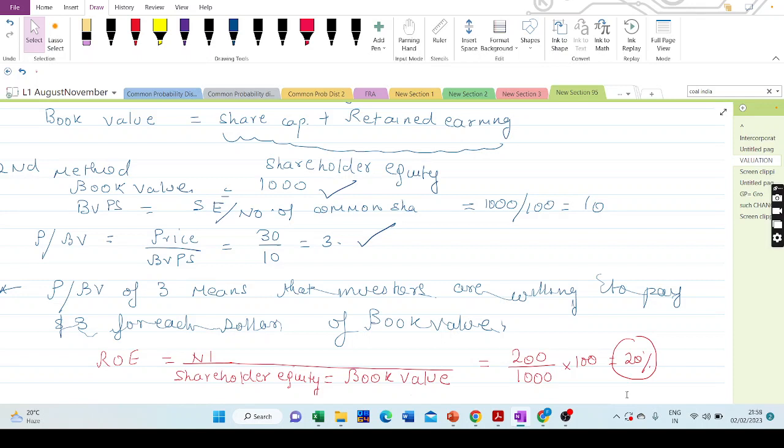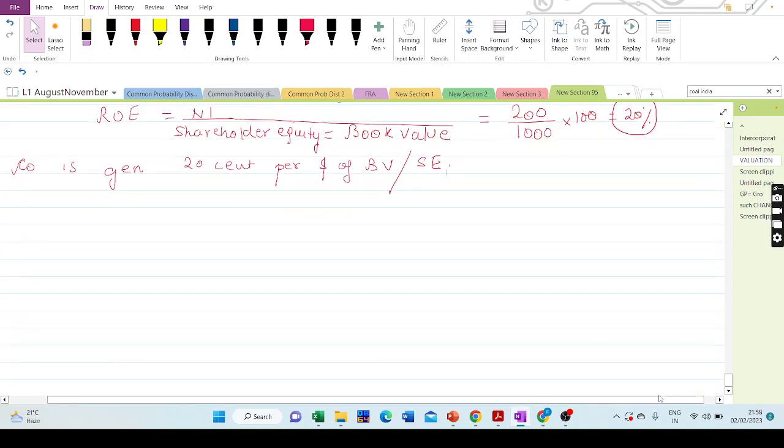Guys, can all of you get this idea, please? Investors would be willing to pay more per dollar of book value if they feel that the management can generate higher profits per dollar of book value. Guys, are we good with this idea? Everyone say yes or no first. Yes, sir. So please write this down first. Everyone write this down.